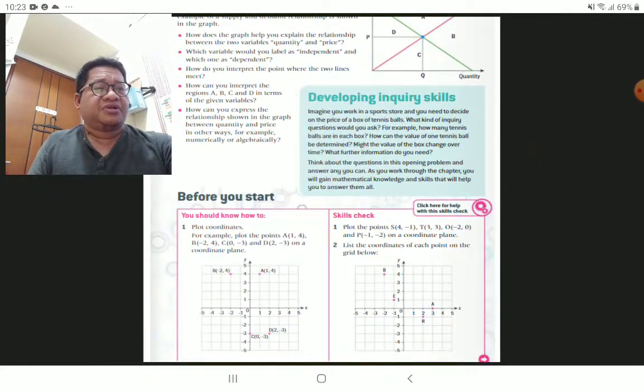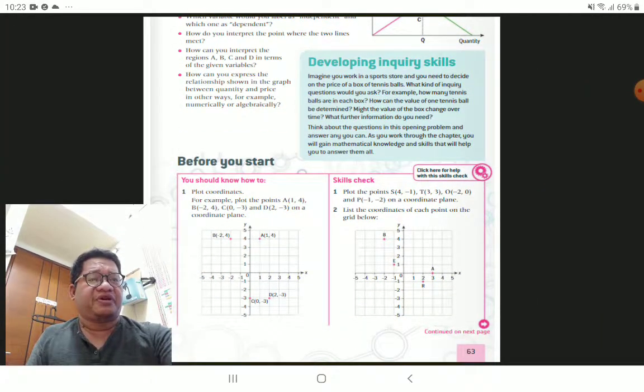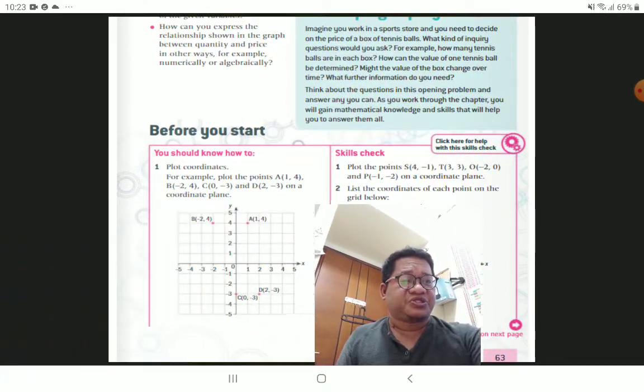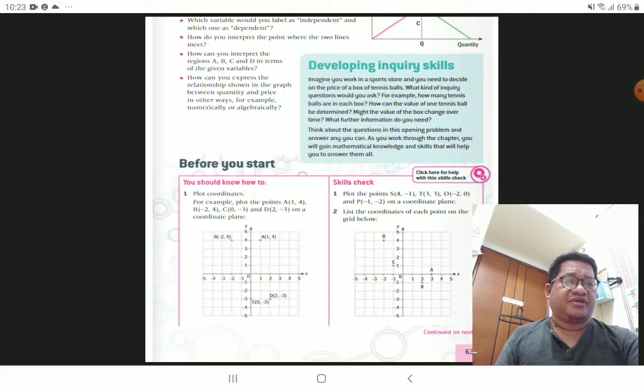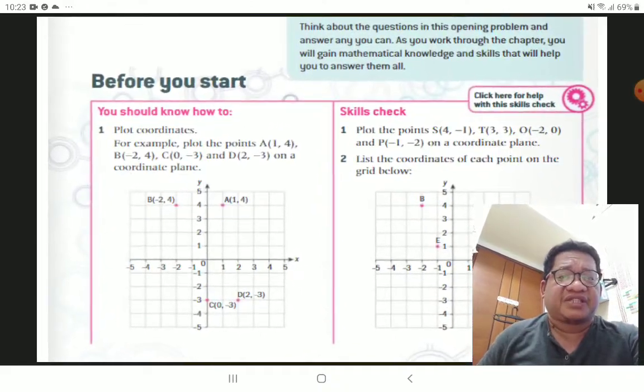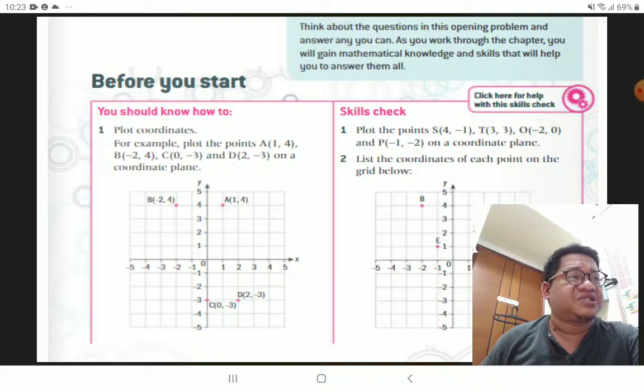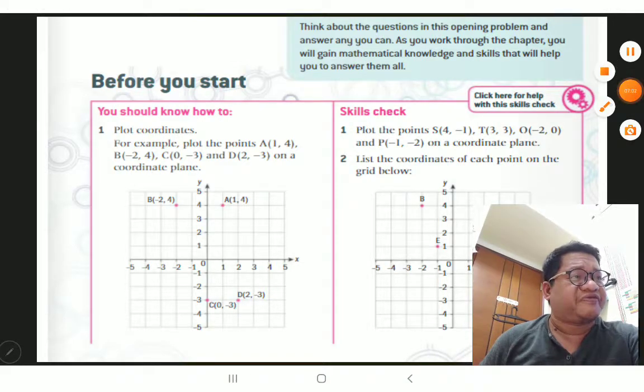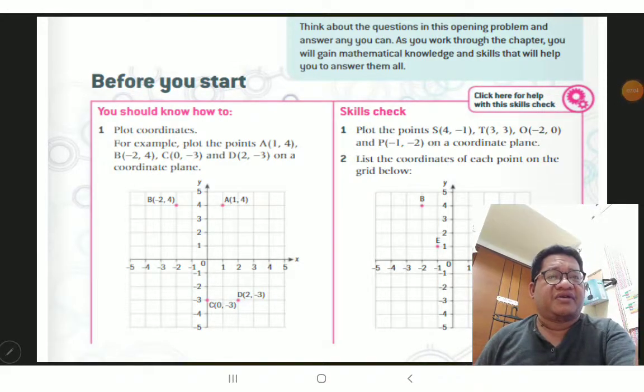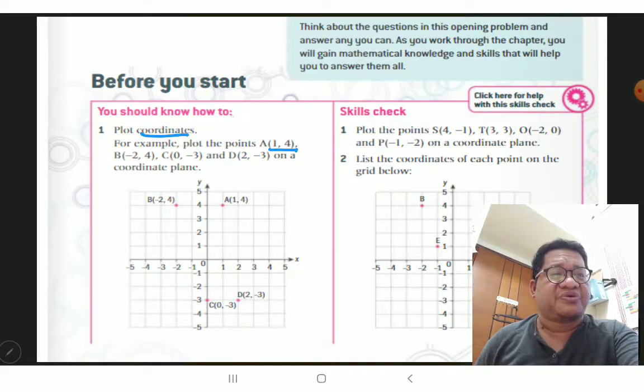Now, these are some of the knowledge that you're expected to know. We are expecting that you know how to plot coordinates, just as a review. Let's say the point (1, 4) is a coordinate. They are called coordinates, composed of the x and the y.